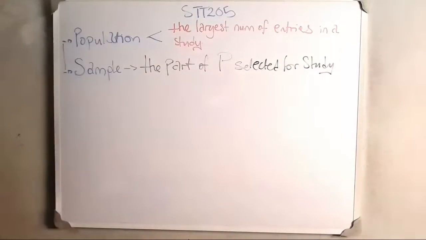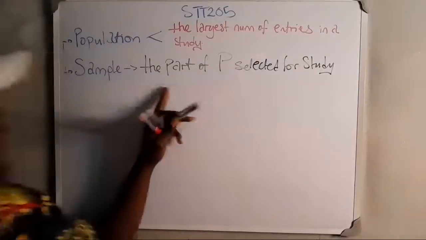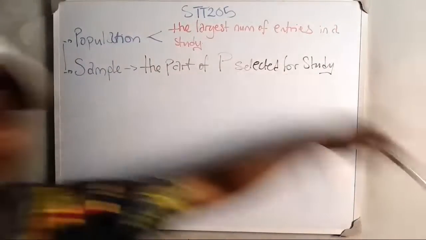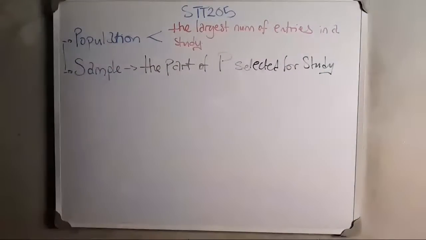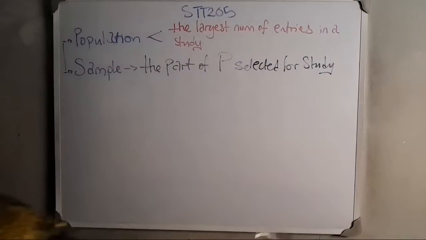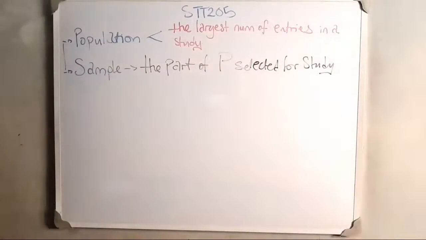Sample population is said to be the part of population selected for study. We also have the random sample, which is said to also be the probability function of a sample.